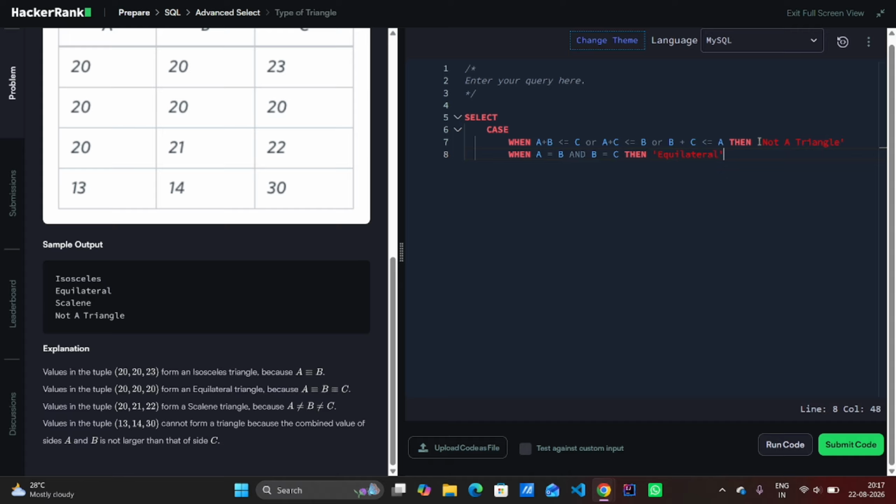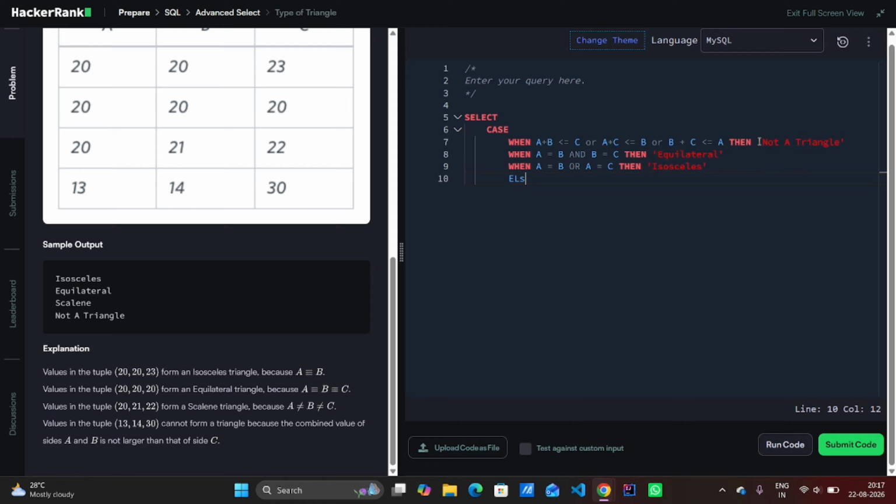Another condition for isosceles: when A is equal to B, or A is equal to C, then it is an isosceles triangle.